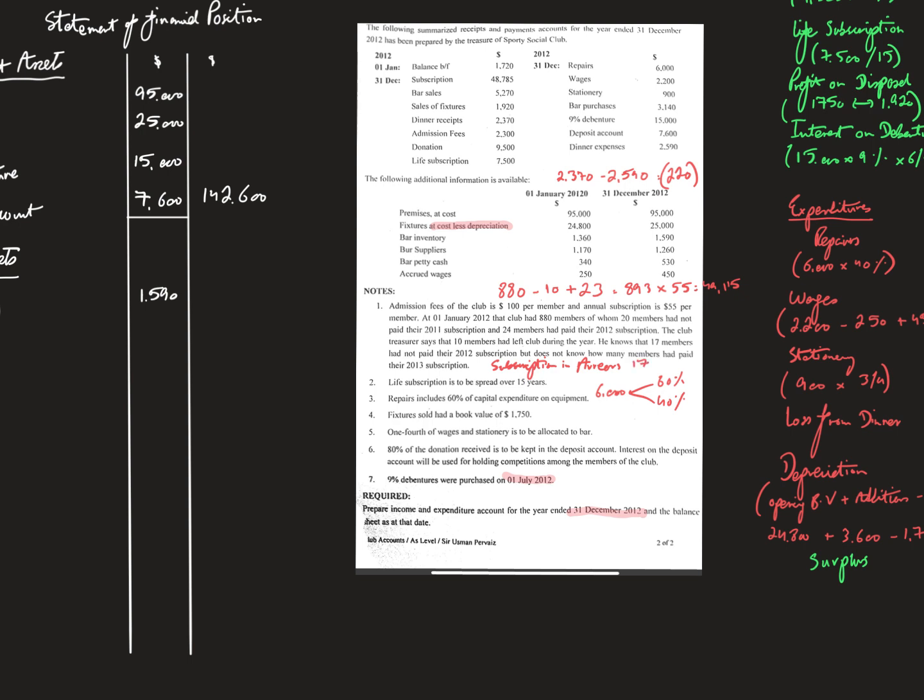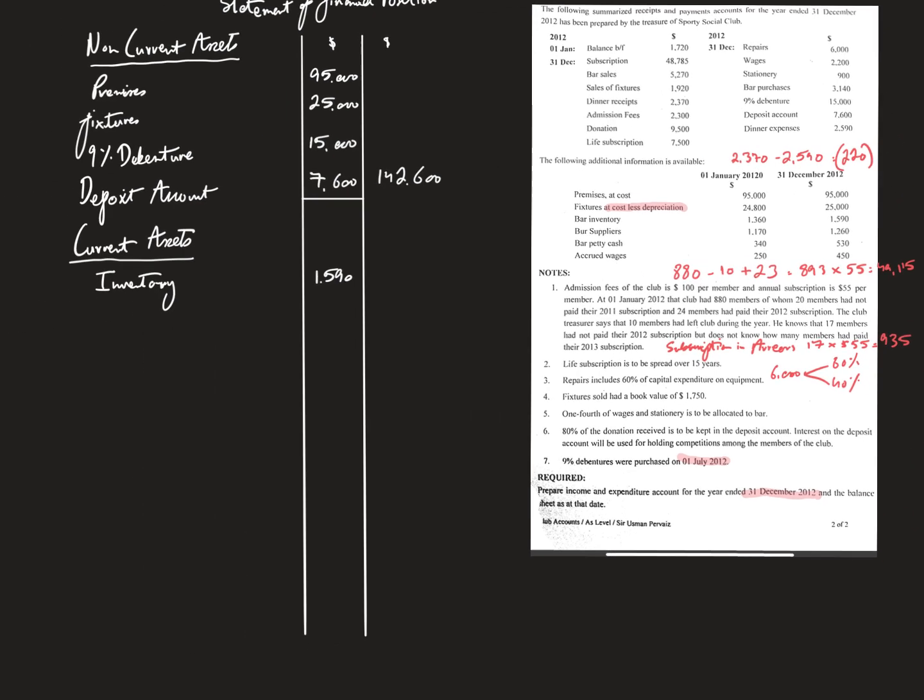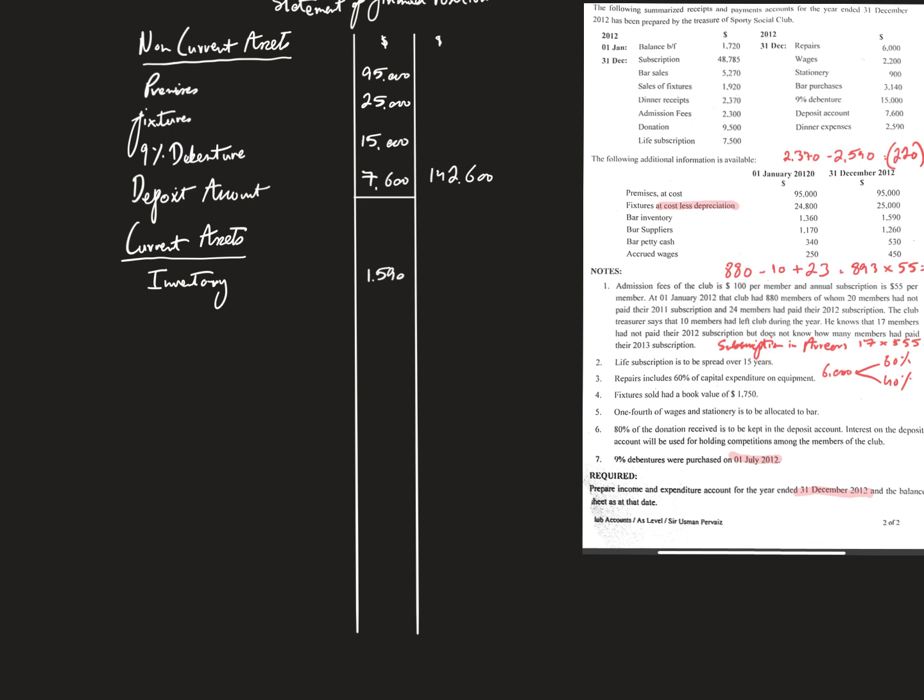So 17 multiplied by $55, which is 935. We always record closing value. So income that is yet to be received is my asset. Income जो अभी तक receive नहीं हुई है is my current asset. 935.